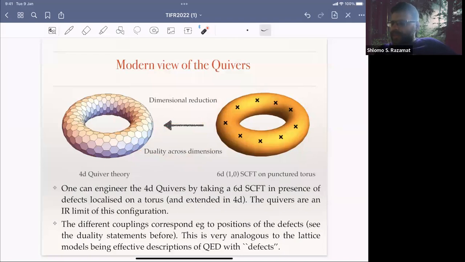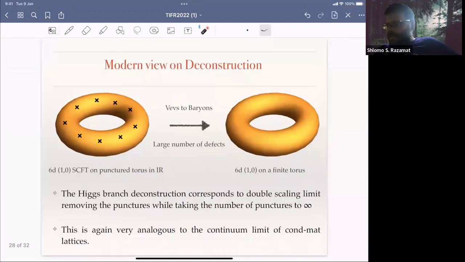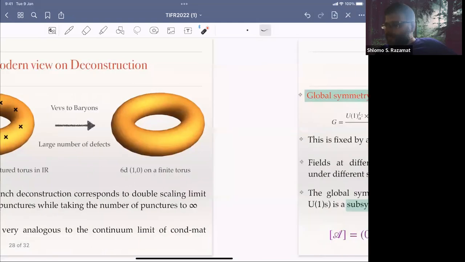And again, the way you go to the continuum here is by turning on vacuum expectation values for some baryonic operators. And this is the picture that I described in words. You go from this theory back to the continuum theory in 6 dimensions.